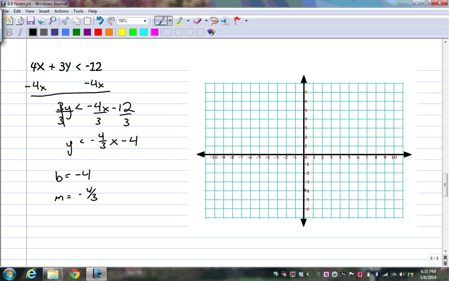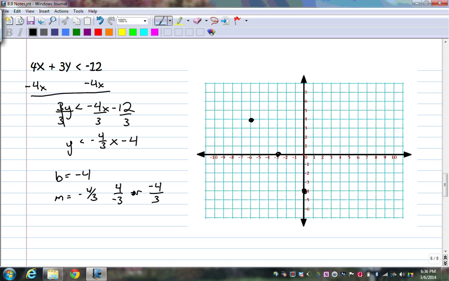So I'm going to start here by going to negative 4, where my intercept is. And remember, I could say I want to go up 4 and to the left 3, or I can go down 4 and to the right 3. But considering my point is already pretty low on my graph, I'm going to choose to go up. So up 4 to the left 3, up 4 to the left 3.